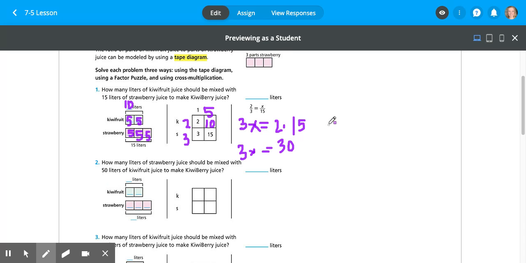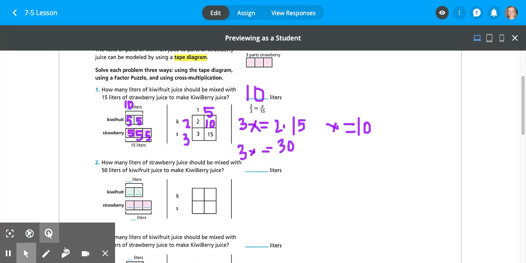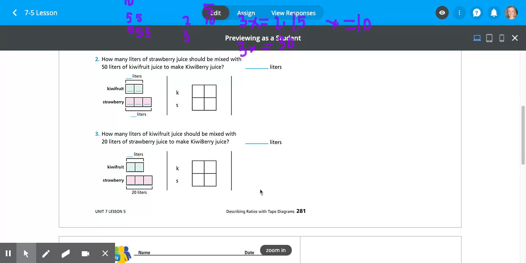And 30 divided by 3, our x equals 10. So again, we get 10 liters. So all of our answers are the same. They all match up. So we know that answer is correct because we got the same answer on all 3 parts. So remember, if you're looking at one statement, all 3 of your methods to solve it need to match up. So let's move on to our next one.